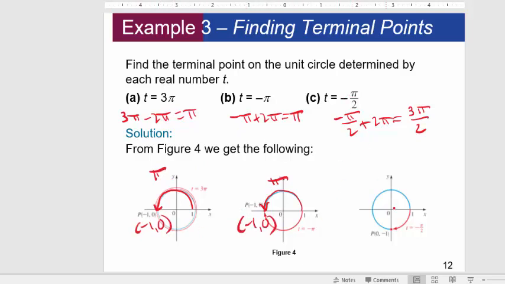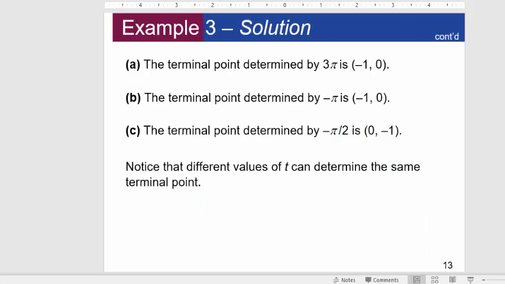And then negative pi over 2, which you can think of as a quarter rotation clockwise, is the same as 3/4 of a rotation counterclockwise, which would be 3 pi over 2, which corresponds to the terminal point 0, negative 1. So negative pi over 2 is coterminal with 3 pi over 2. And that's what we just determined there.